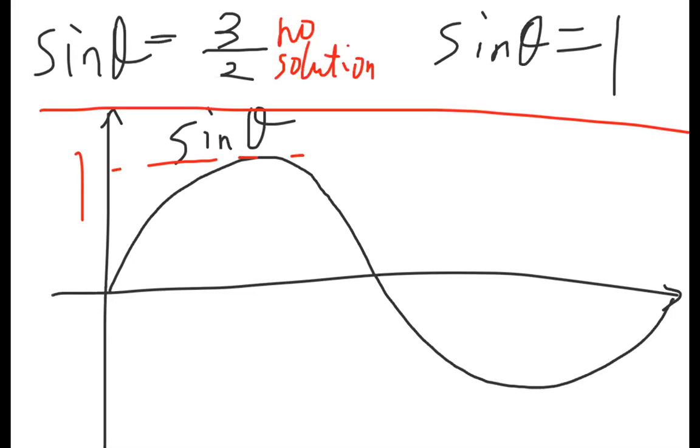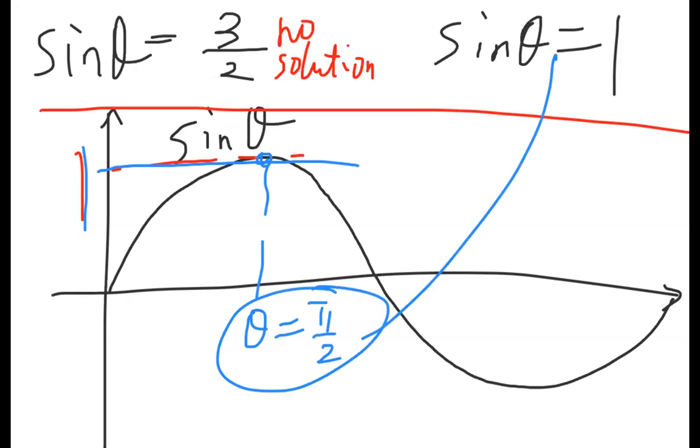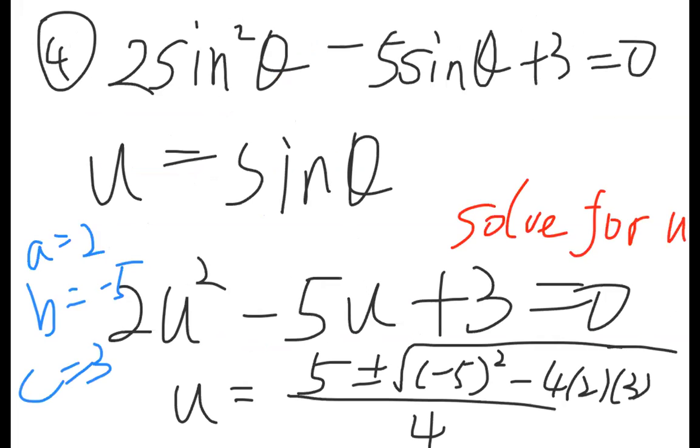And sine theta is equal to 1 when theta is equal to pi/2. So this is the solution for sine theta is equal to 1. So the solution becomes theta is equal to pi/2.